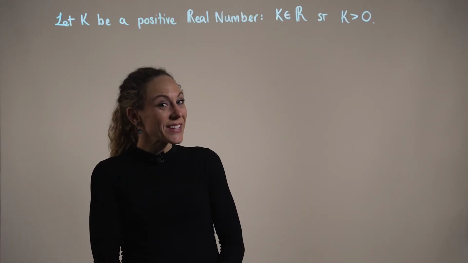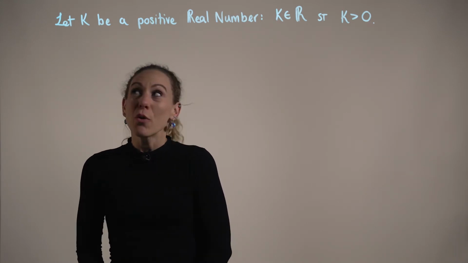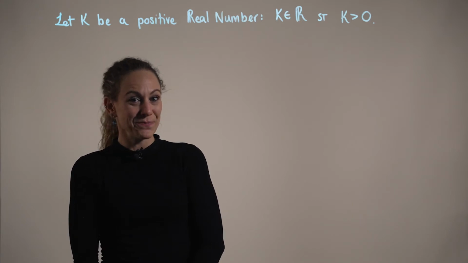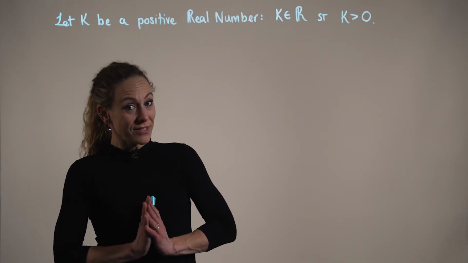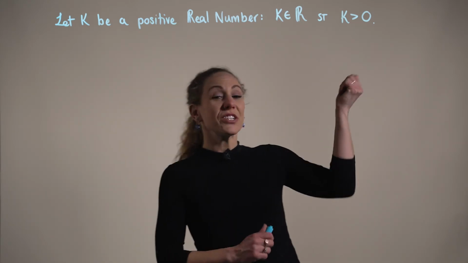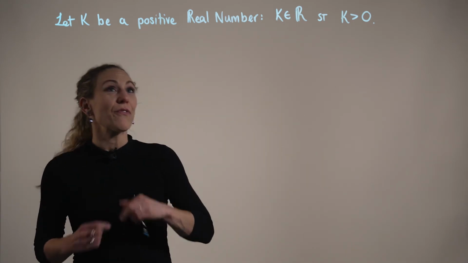Before we can set up the strategy for solving absolute value equations, we need to review a few properties of our absolute value equations. To get us started, let k be a positive real number this time. So k is an element of the real numbers such that k is strictly greater than 0.